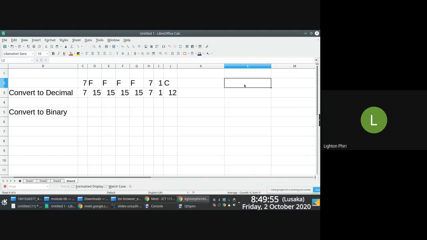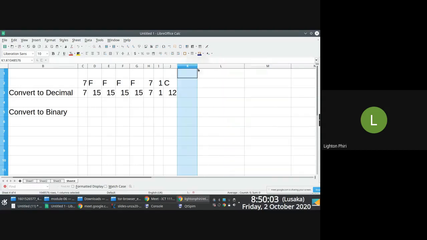Repeated division. So we repeatedly divide 7 by 2. If you're doing something for the first time, I guess you just follow the rules.